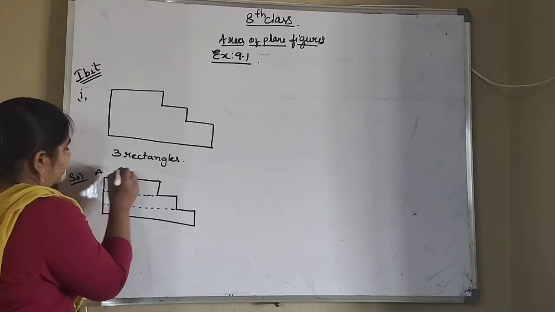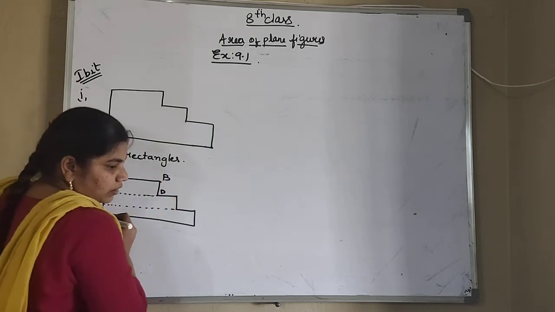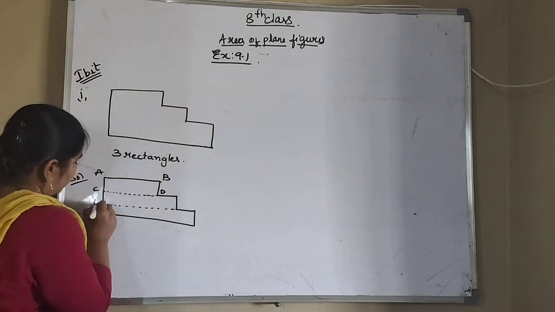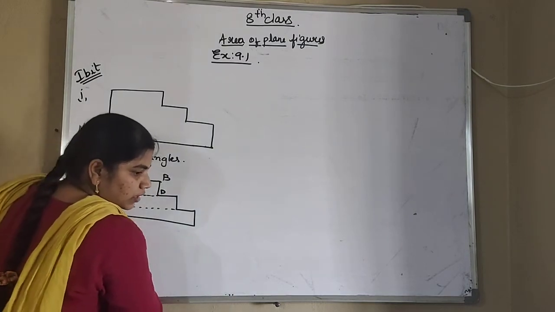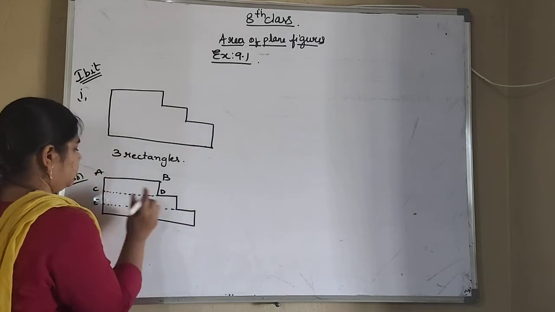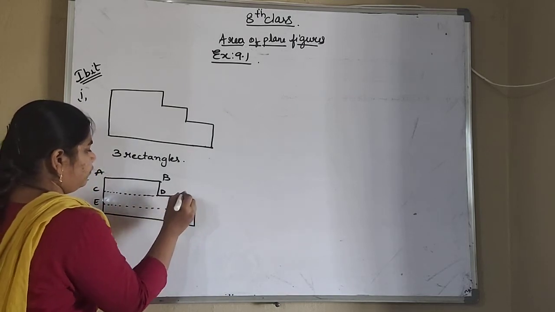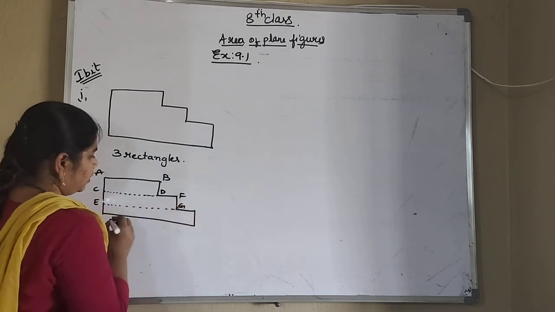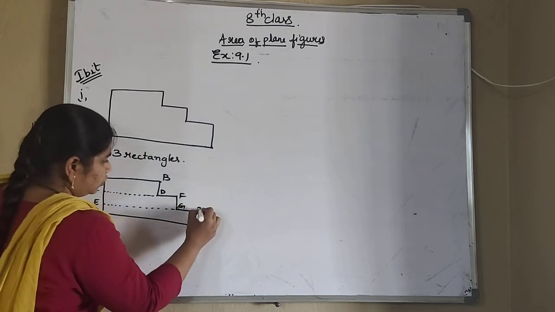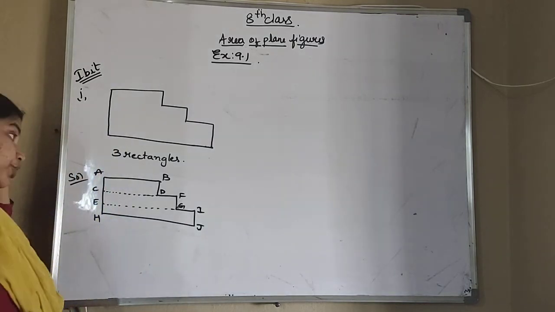This is A, B, C, D. Next E, F, G, H, I, J. For every intersection point I have given a name.